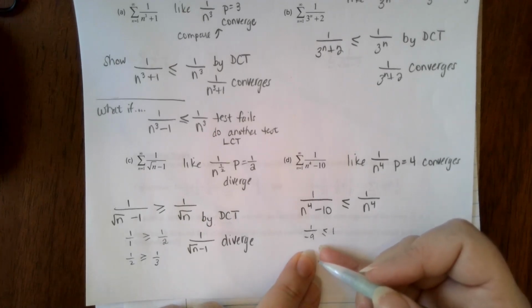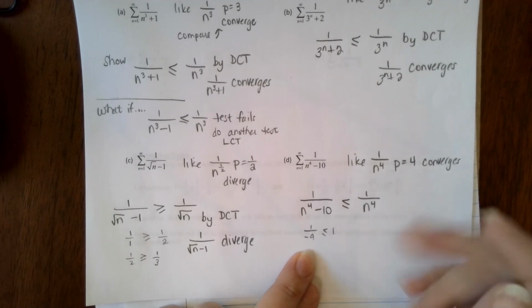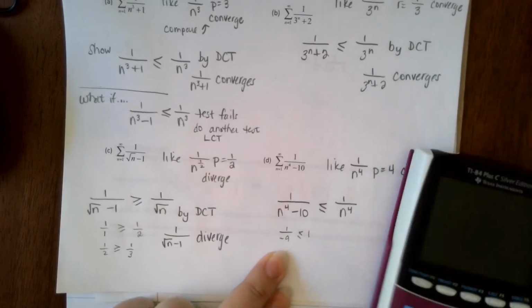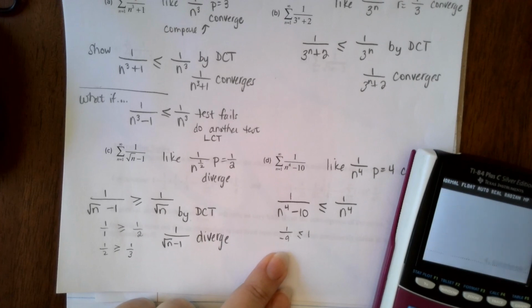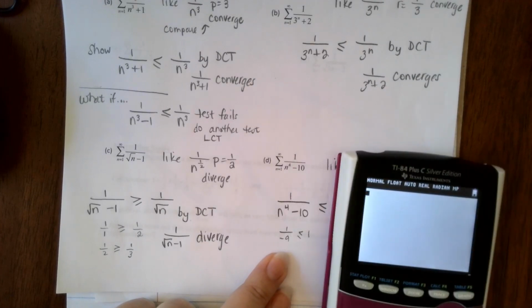Let us go ahead and plug in a 2. I just want to see this. If we plug in a 2, we've got 1 over 2 raised to the 4th minus 10. And then the second one, we've got 1 over 2 to the 4th.